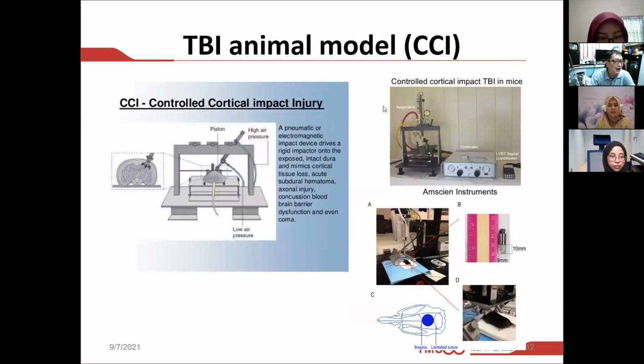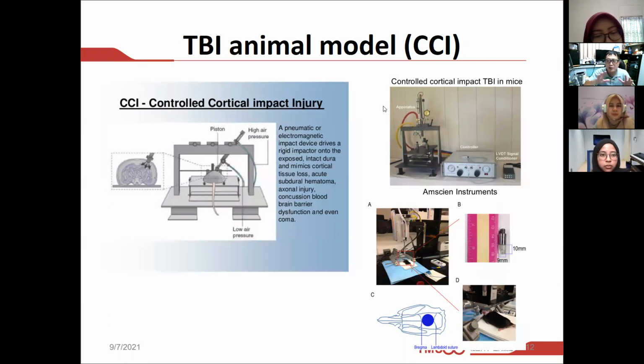And the other one we call CCI, controlled cortical impact injury. This can be regulated by computer. So we can digitalize and tell how fast the needle goes and how long it will stay in the tissue, and what the speed is.